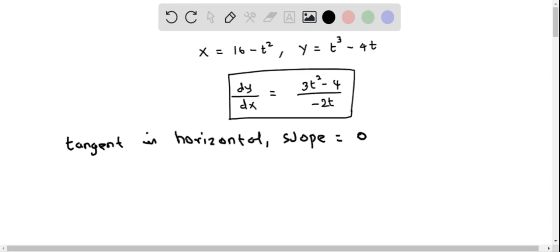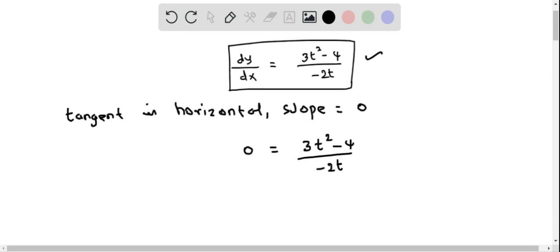And so we have to determine the value of t such that this slope dy by dx equals 0. So replacing dy by dx with 0, we get 0 equals 3t squared minus 4 divided by negative 2t.